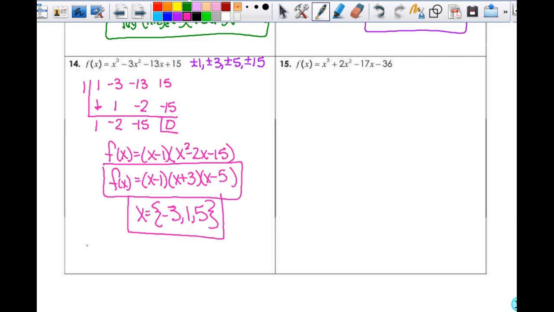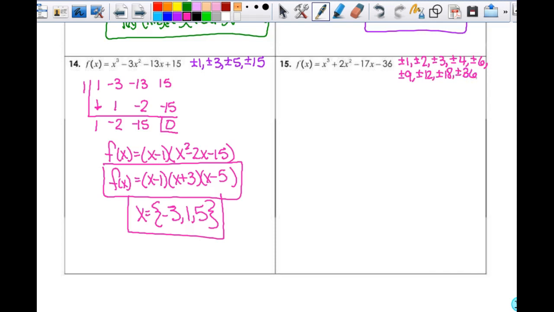So I need all my possibles, and leading coefficient is 1, so I need the factors of 36, plus or minus 1, plus or minus 2, plus or minus 3, plus or minus 4, plus or minus 6, plus or minus 9, plus or minus 12, plus or minus 18, plus or minus 36.